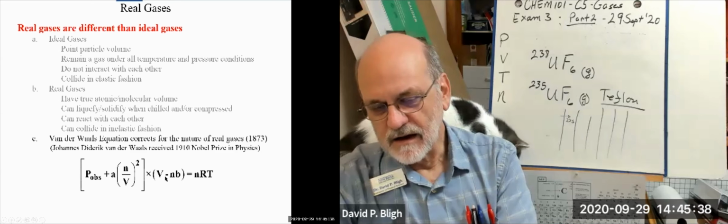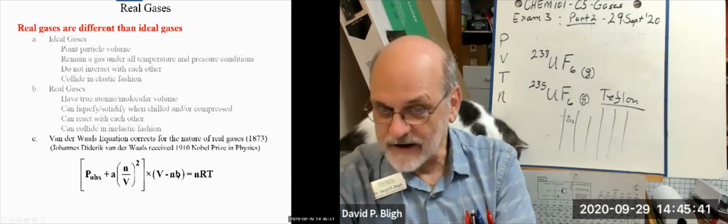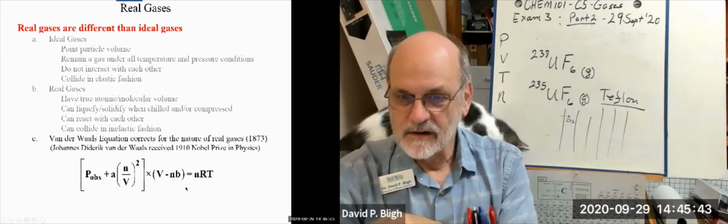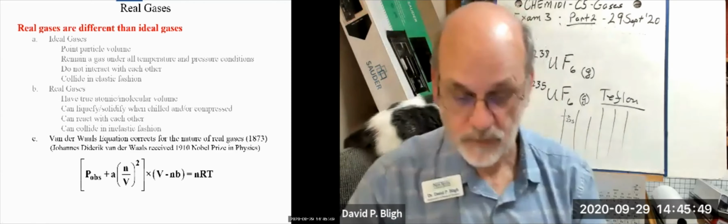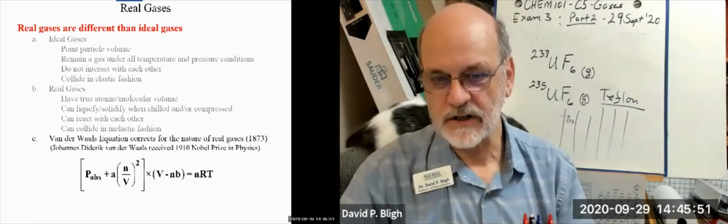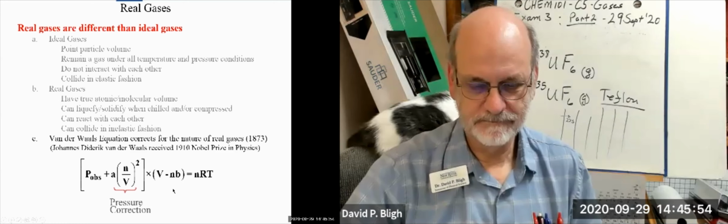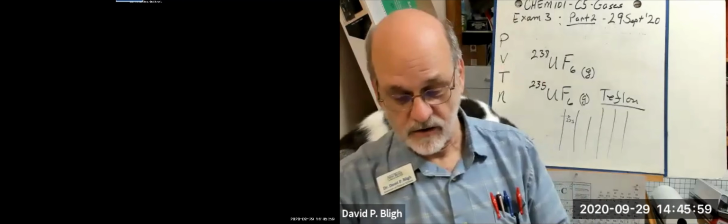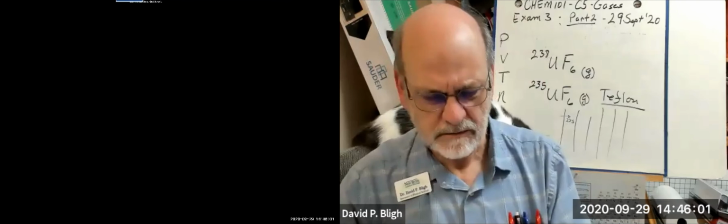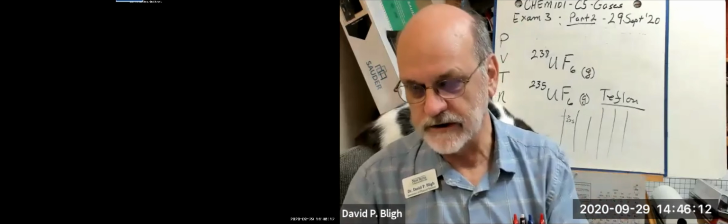And then you subtract moles times this other factor. So the A factor and the B factor were introduced in this arrangement so that the equation could accurately predict conditions. Okay? So those are van der Waals corrections, and you don't have to know those. I'm just illustrating the fact that we do know how to deal with real gases. It's just that for our purposes, we don't have to deal with them.